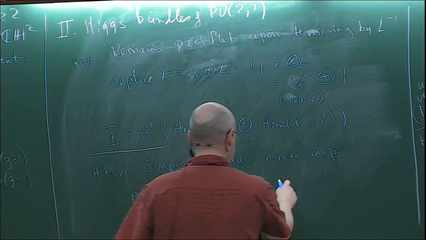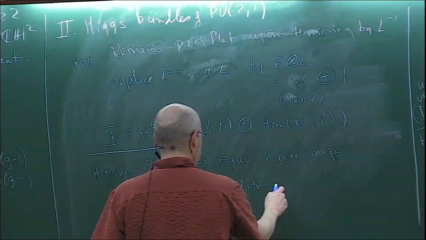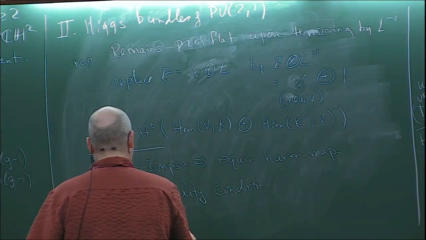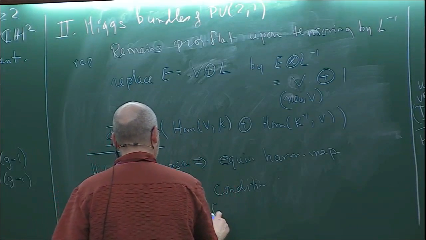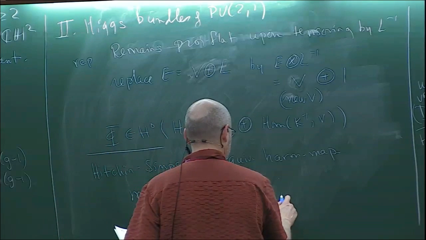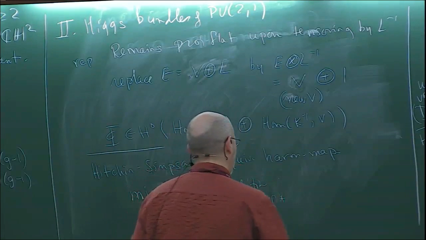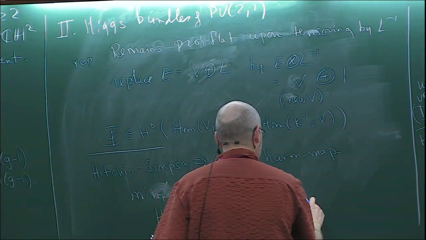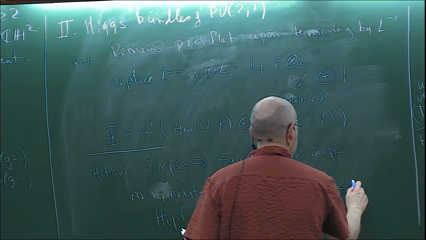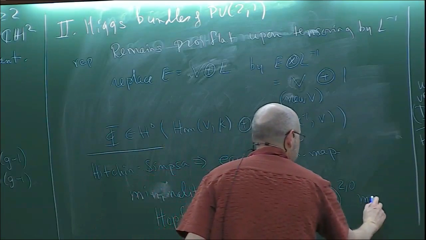And so what happens is that the condition here is that the Hopf differential, which is the 2-0 part of the pullback of the metric on CH2, must vanish.